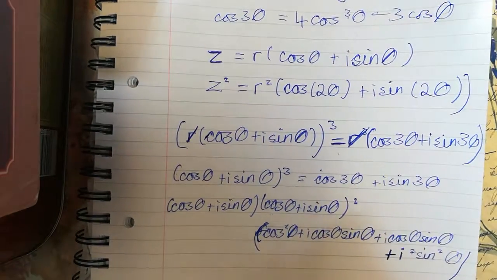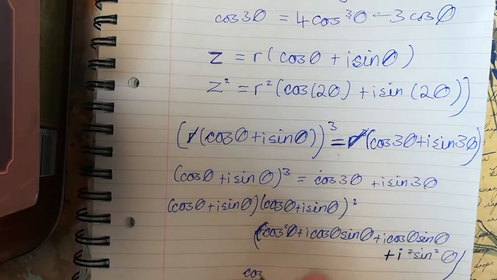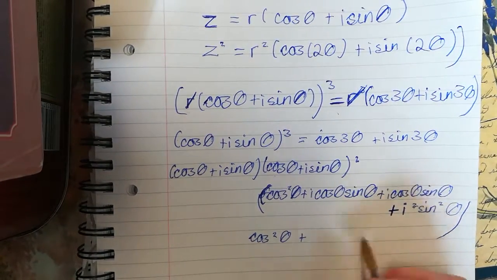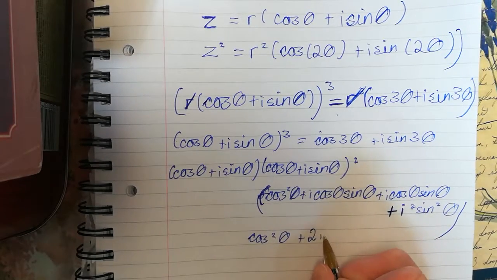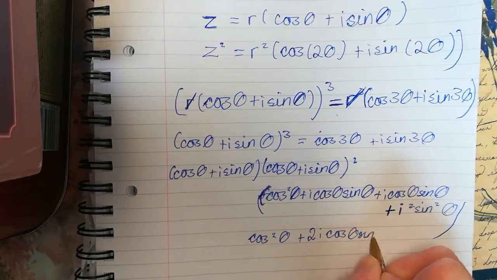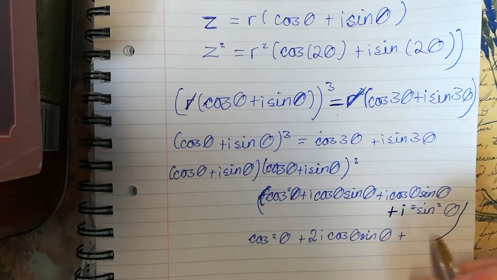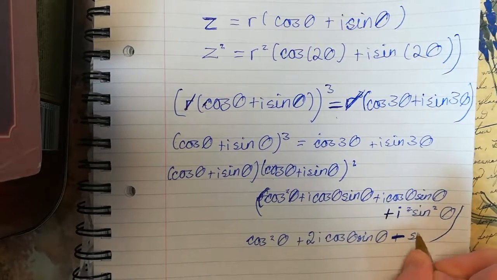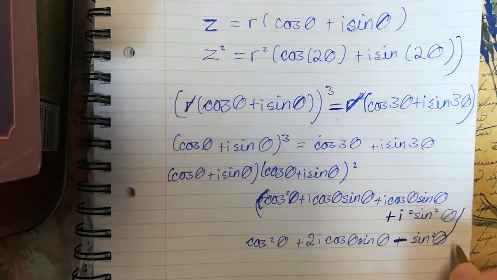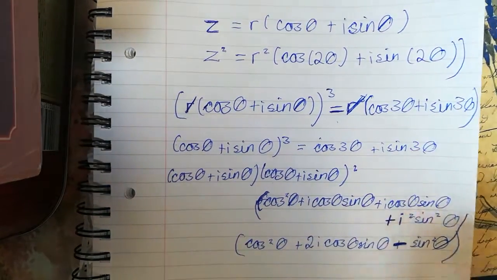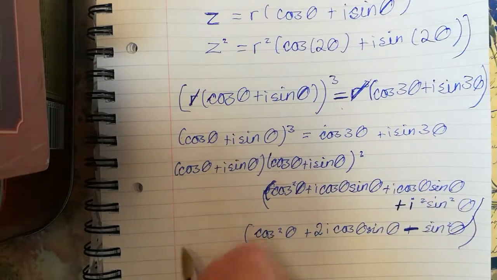So I'm just going to fix this up a little bit. It's going to be cos²θ plus 2i cos θ sin θ, and then i squared is minus 1, so it's going to be minus sin²θ. This is what we get when we multiply it by itself.